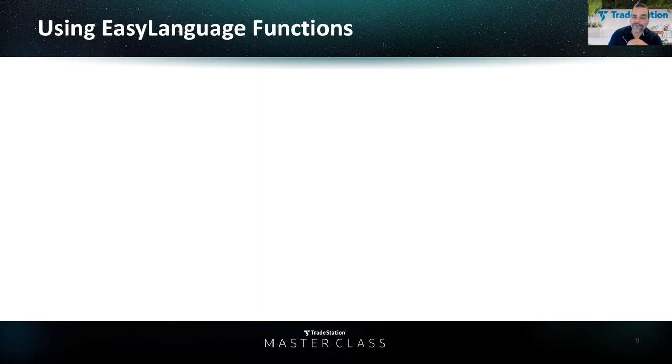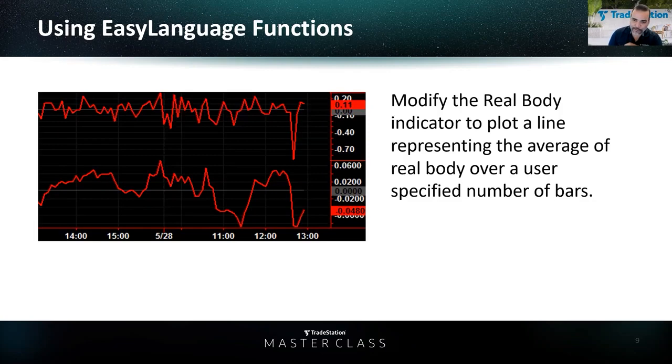You can just reference the function, and the function will perform that mathematical or analytical task. For our example, we're going to modify the real body indicator to plot a line representing the average of the real body over a user specified number of bars.